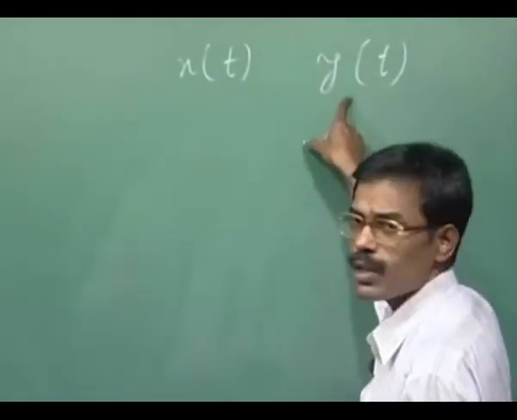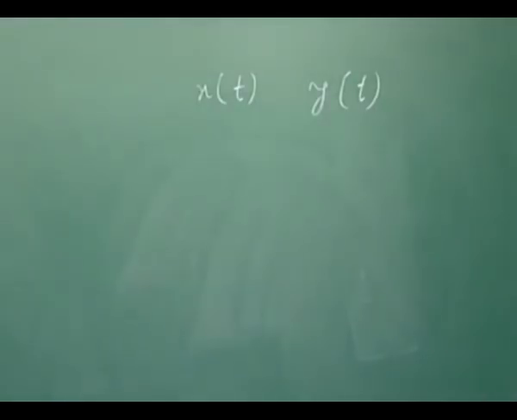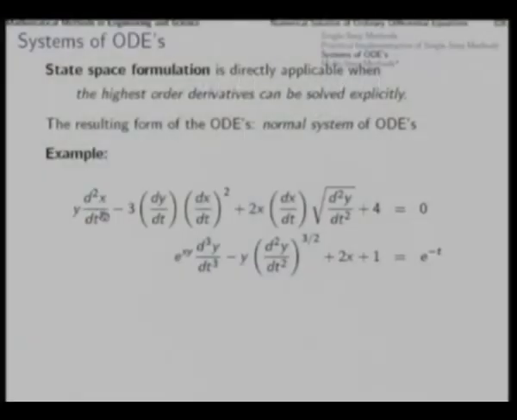So, two unknown functions, and we have two differential equations, right? And what is the highest order of derivative of x that is involved here? Up to second order, right? Similarly, what is the highest order of derivative of y that is involved? Up to third order. Okay.